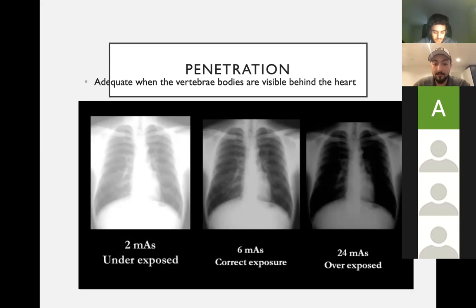The bone, you can see the vertebra, is really white, very bright. The heart is less dense, so it appears a bit darker. And the lungs are even less dense, so they appear even darker. That's how we differentiate between different tissues in the chest.